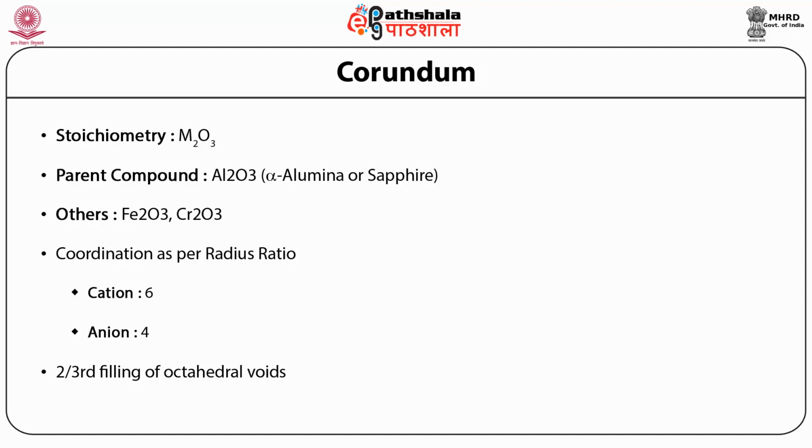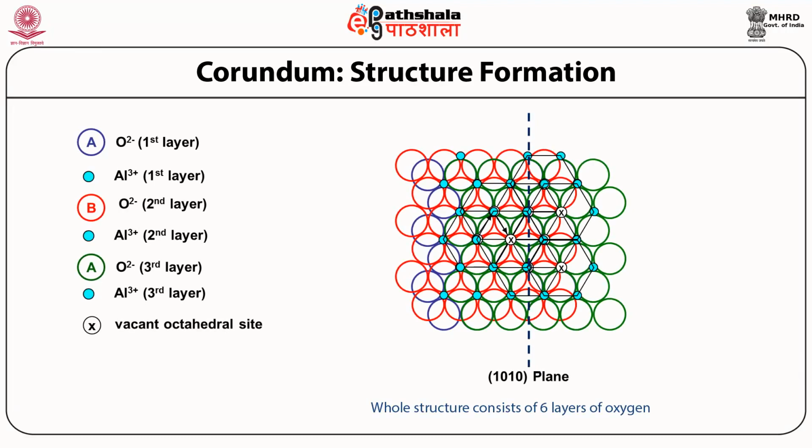This can be best viewed in the example shown in the next slide. Students, you can see the structure formation for the corundum on the right hand side of the slide. It can be best viewed when we look at the basal plane, the 0001 plane of the unit cell, and start filling the interstices.